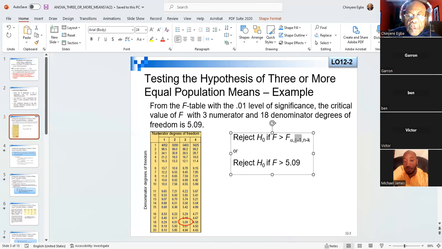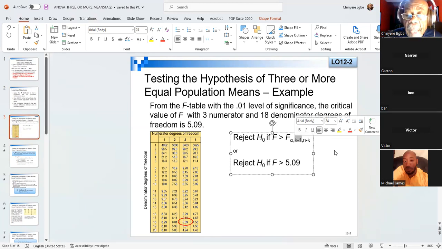And see here, there are 2 degrees of freedom, the number of populations minus 1, and the sample size minus the number of different populations, all right? And so the smaller degree of freedom is the numerator degree of freedom, which is the number of populations.